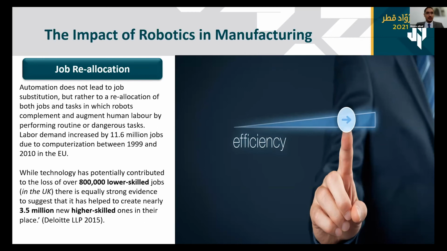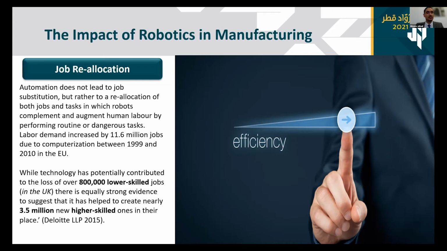Now, if we increase the number of robots, everybody will assume that we will lose a lot of jobs. In recent studies, we are no longer talking about losing jobs, but about reallocating jobs. Automation does not lead to job substitution, but to job reallocation. Labor demand increased by 11.6 million jobs due to computerization between 1999 and 2010 in the European Union.